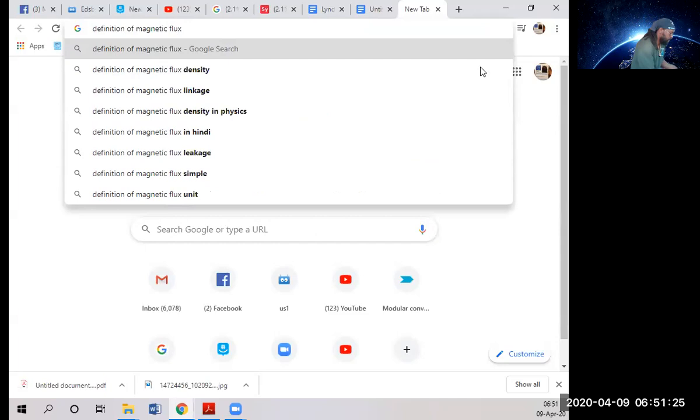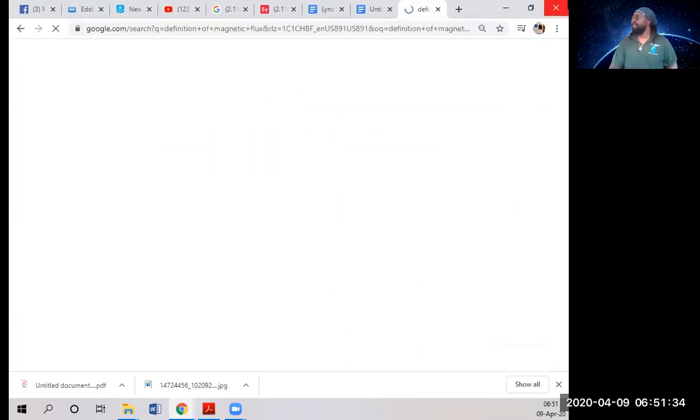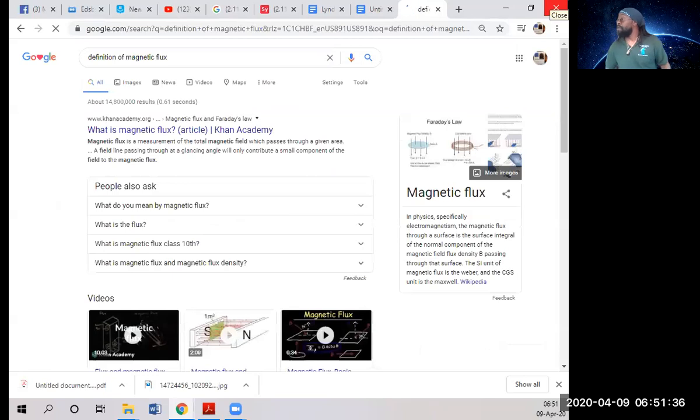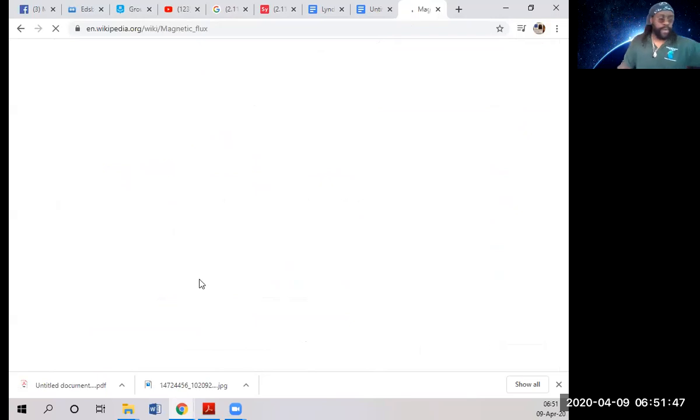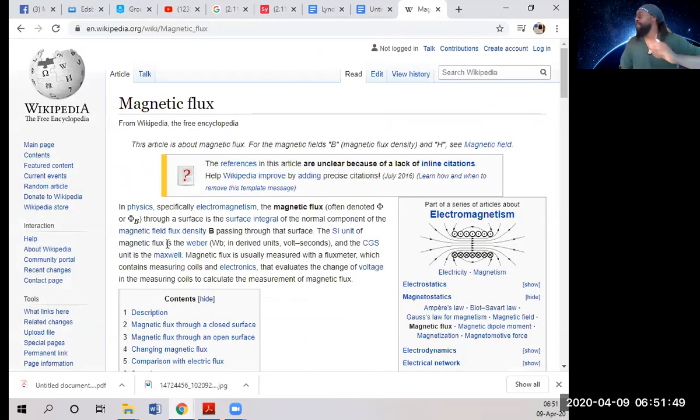One second. And kind of get a good idea, but let's see here. Maybe Wiki can tell us the equation that I have in the book here.